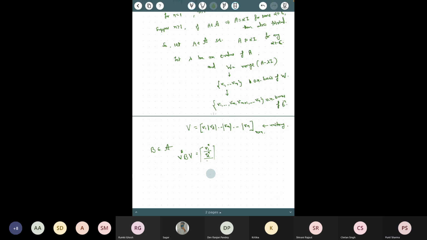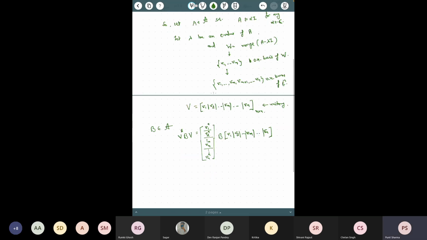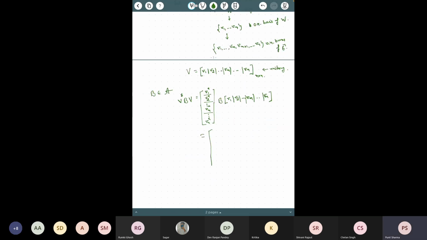Then Vm star, and then Vn star, right? And then V would be V1, this column wise you can write, up to Vm. So when you multiply this, the right hand side would be what?